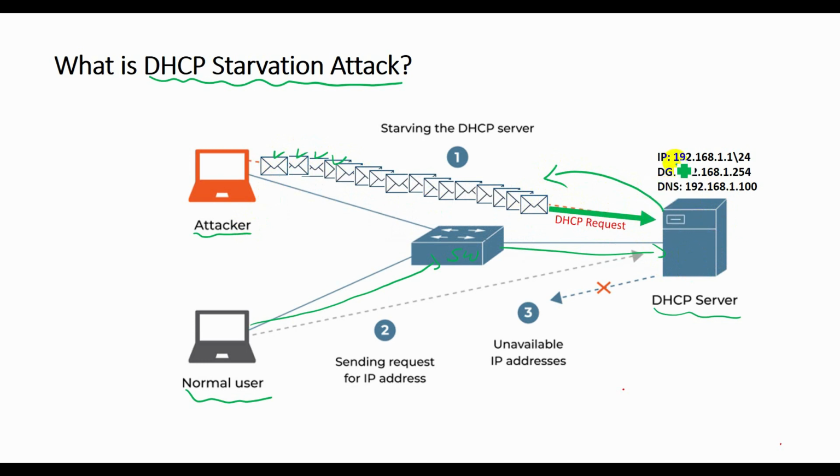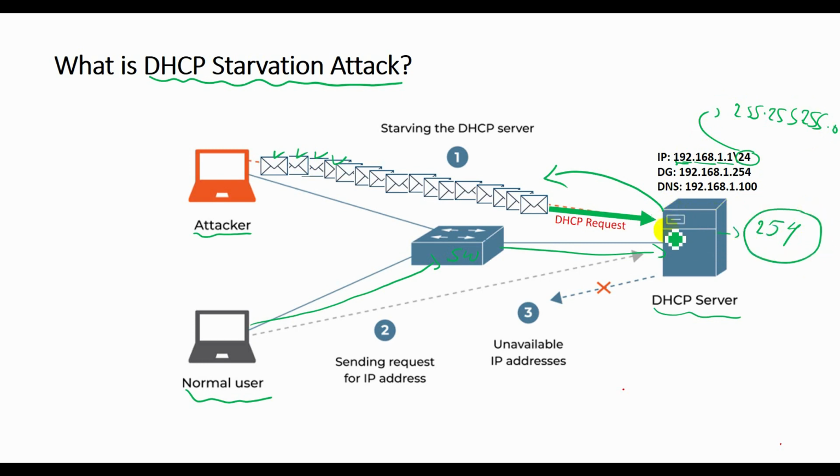For example, the IP address of the DHCP server is 192.168.1.1/24 with a subnet mask of 255.255.255.0. So, the DHCP server can hand out 254 unique IP addresses.